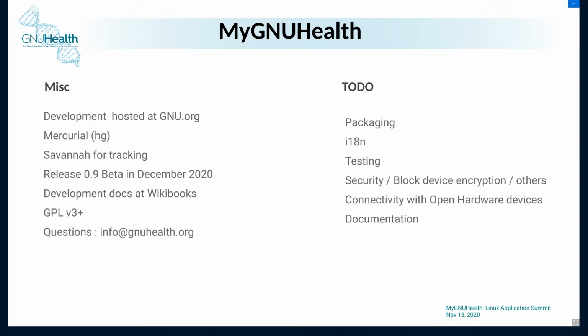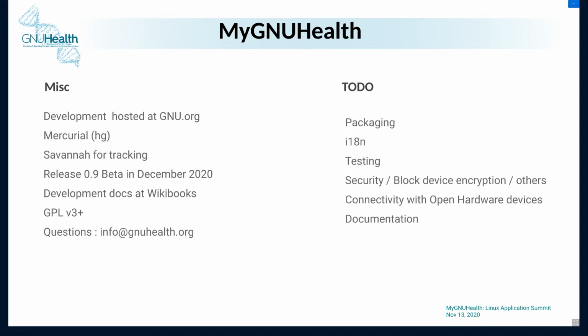So just wrapping up, some of the things that we are doing today and some of the things where we need to put the focus. Again, as I said, currently we have the Mercurial repository at Savannah, GNU, and the documentation is on Wikibooks.